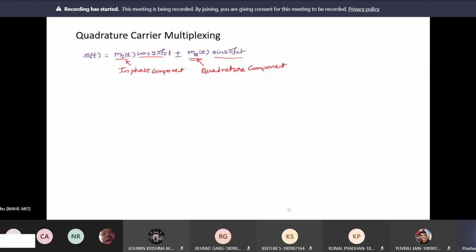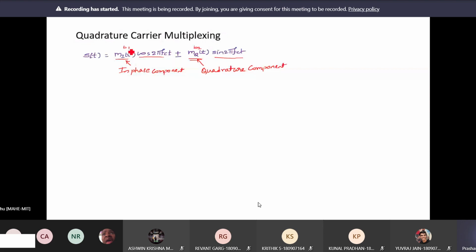Right? So if these two messages, mi of t and mq of t, are two different binary data, this is one binary data, this is another binary data. Can we place these two binary data on the same carrier, one in phase with the carrier and another in quadrature?